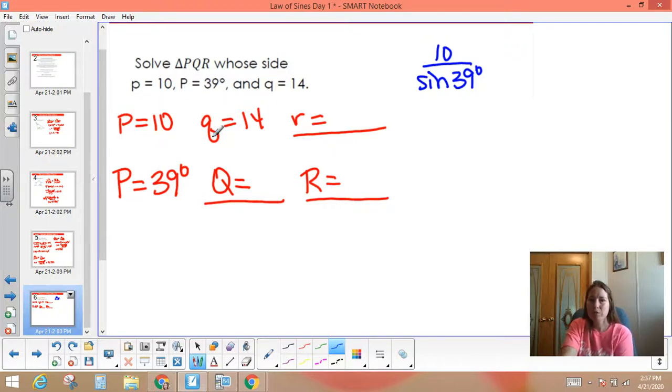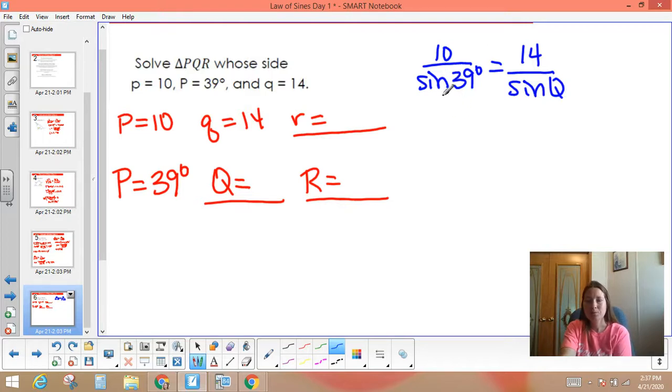And then you have to know one thing to find the other. So I cannot find anything to do with R right now because I don't know anything. But I do know a little q, so I can find a big Q. I know the side Q, so I can find angle Q. So we're going to say that this is equal to 14 over sine of Q.